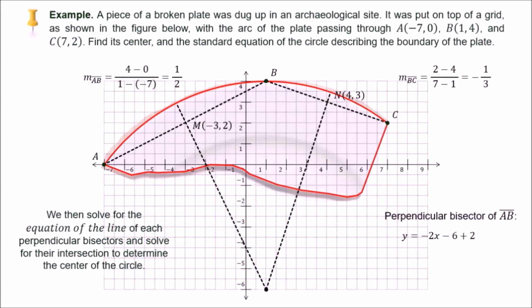And solving for y, we'll have y equals -2x minus 6 plus 2. Finally, we'll have y equals -2x minus 4.